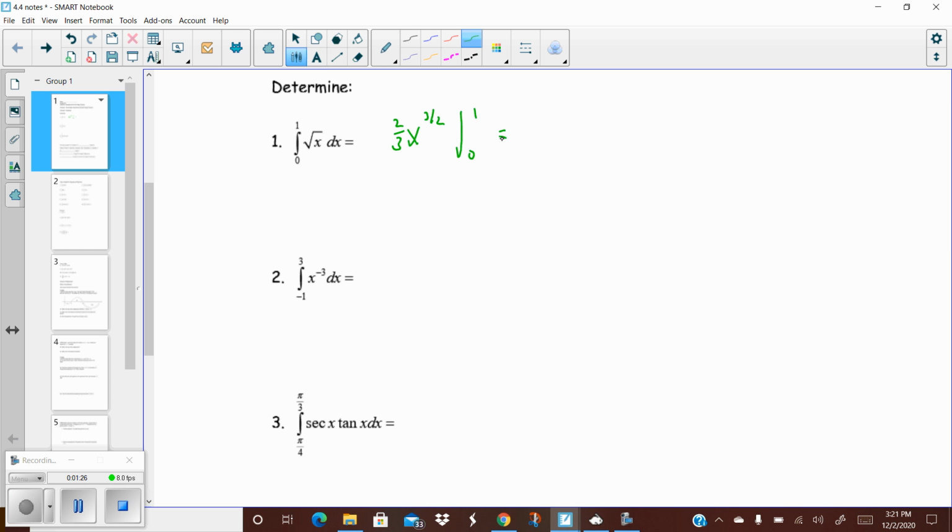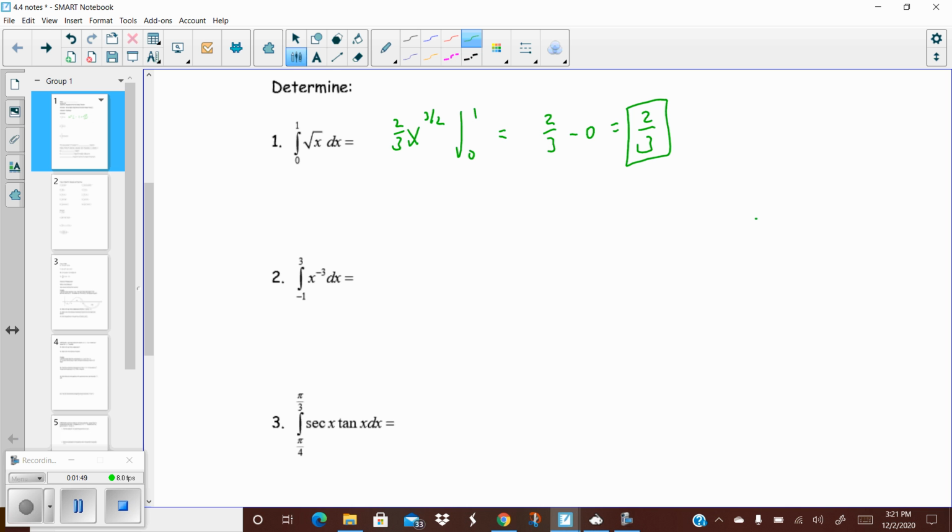So that means we're going to plug in 1. The good thing about 1 is 1 to any power is 1. So 1 to the 3/2 is still 1. So you get 2/3 times 1, which is 2/3. And then if you plug in 0, 0 to any power is 0. So you get 2/3 minus 0, or 2/3. Not very challenging.